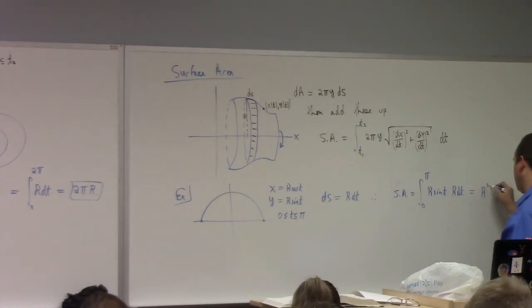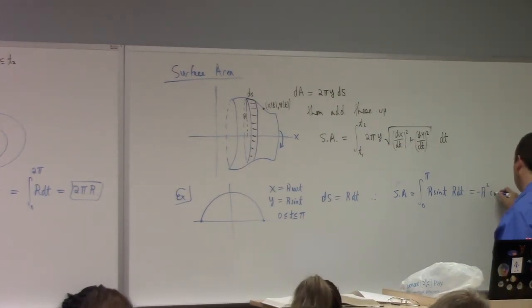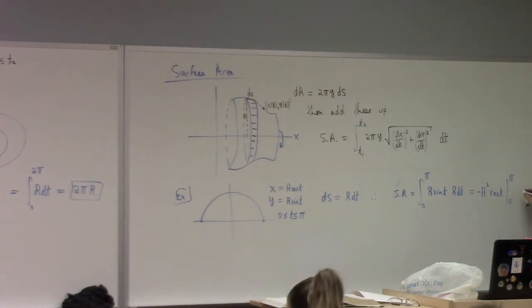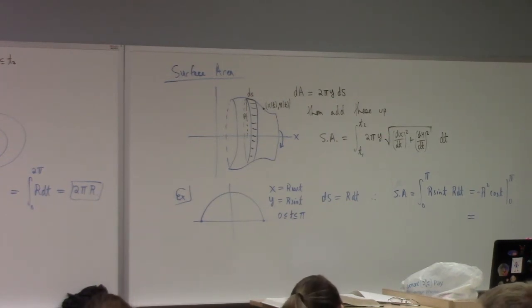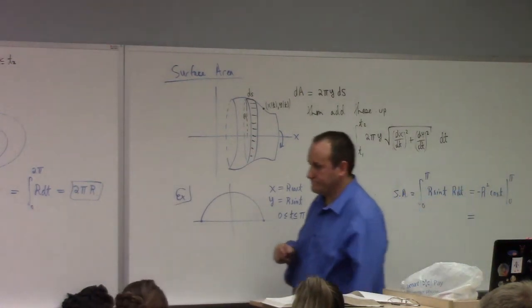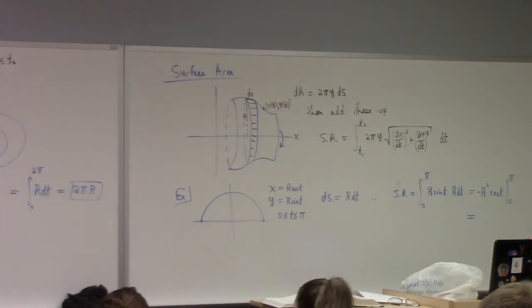So this gives me r squared minus r squared cosine t, evaluated from 0 to pi, which is what? And what did I miss? There's a 2 pi in the formula for surface area, right?